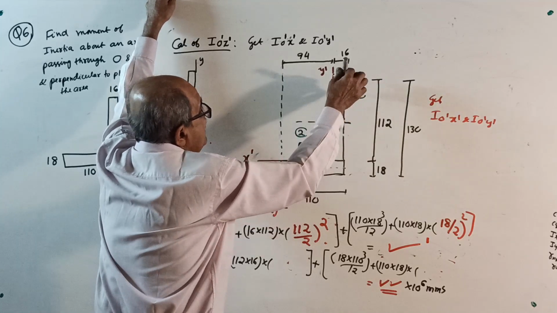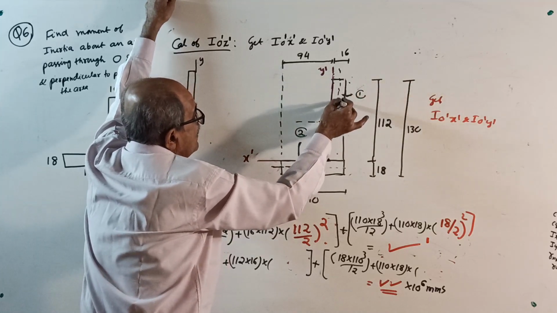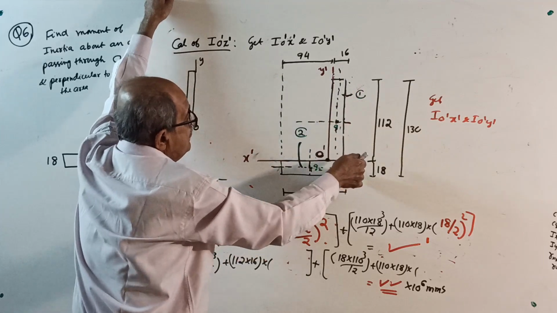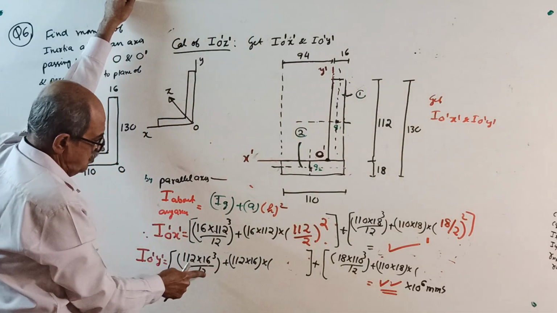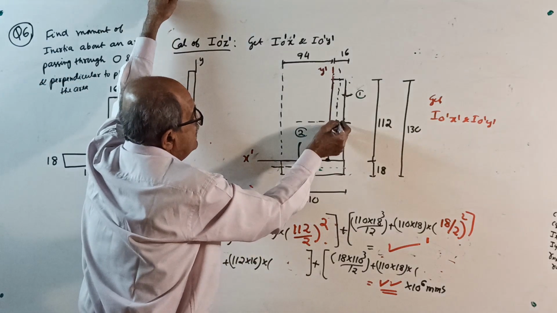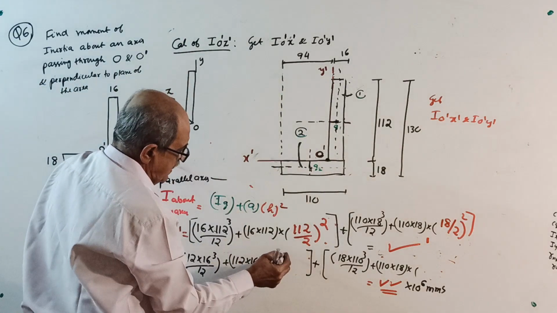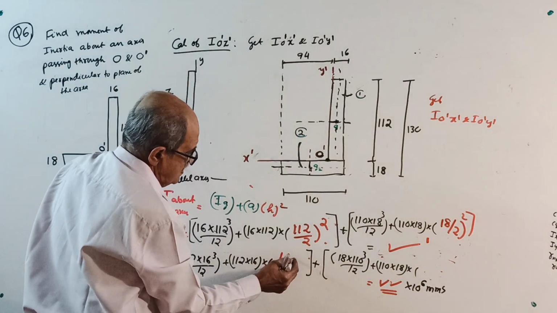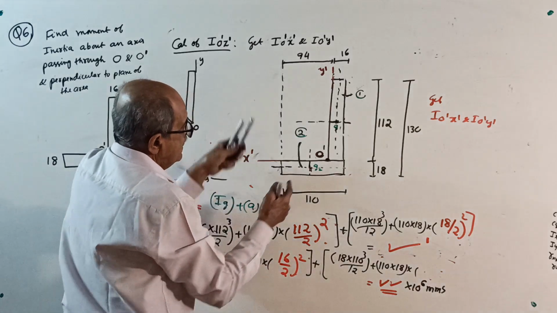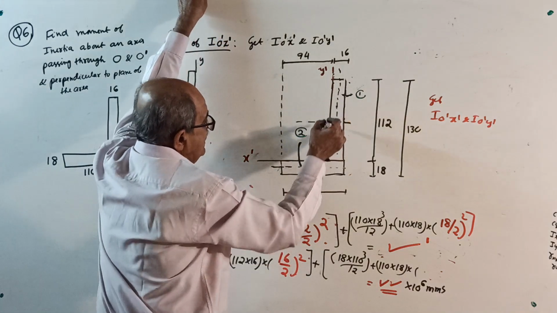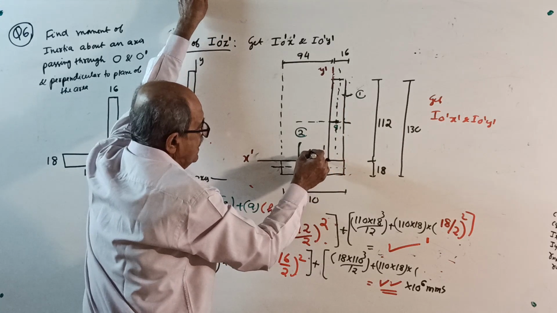Start here. I about its own centroidal axis here is 112 into 16 cube by 12 plus area into this distance square. Once again, it is how much? 16 by 2 whole square. Plus, here be careful. When you want I about this axis, first I about this axis.